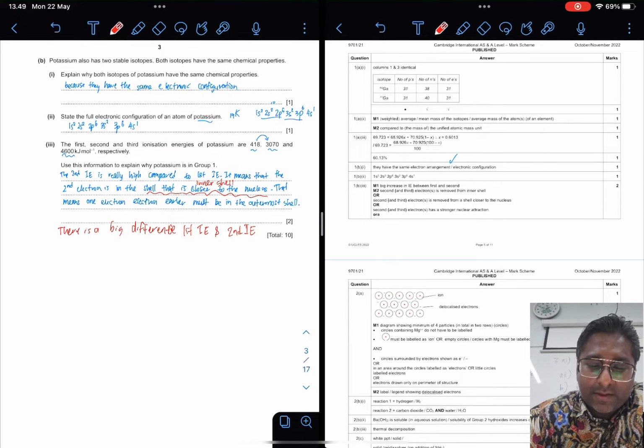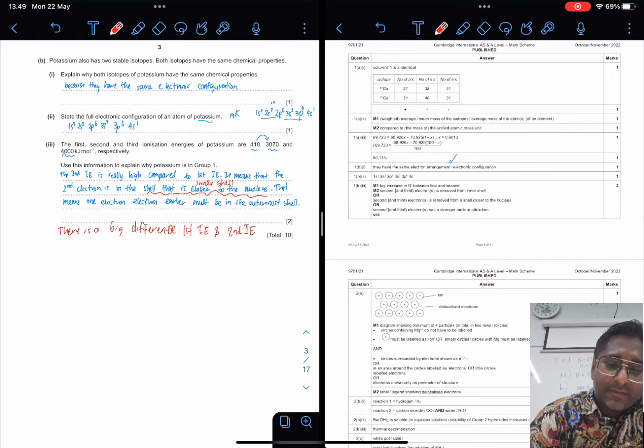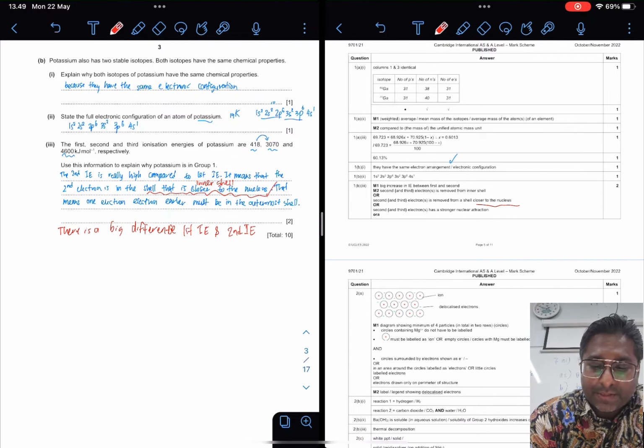And then it is removed from the shell closer to the nucleus, that is actually what we have written. And the second electron has stronger nuclear attraction.